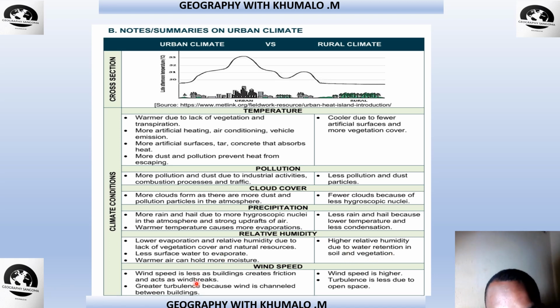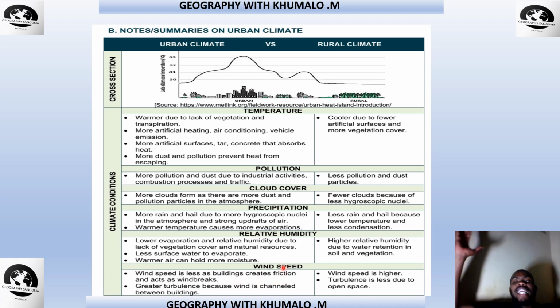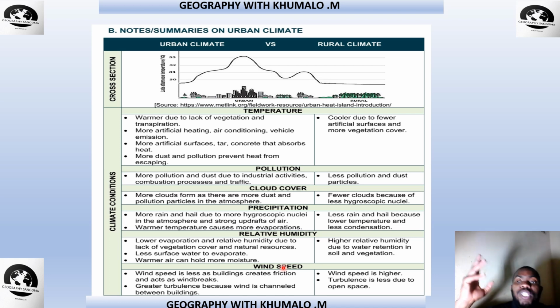And then wind speed is less in urban areas as the buildings create friction. So you can see in urban areas, grade 12, we've got those tall buildings which I've said are called skyscrapers, so they do not allow an easy flow of wind, hence the speed of wind is less, which creates friction and acts as a windbreak.